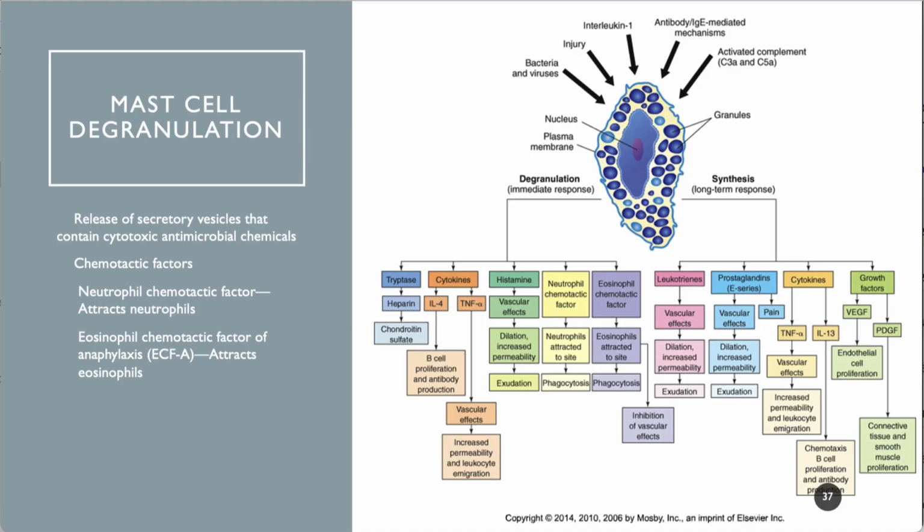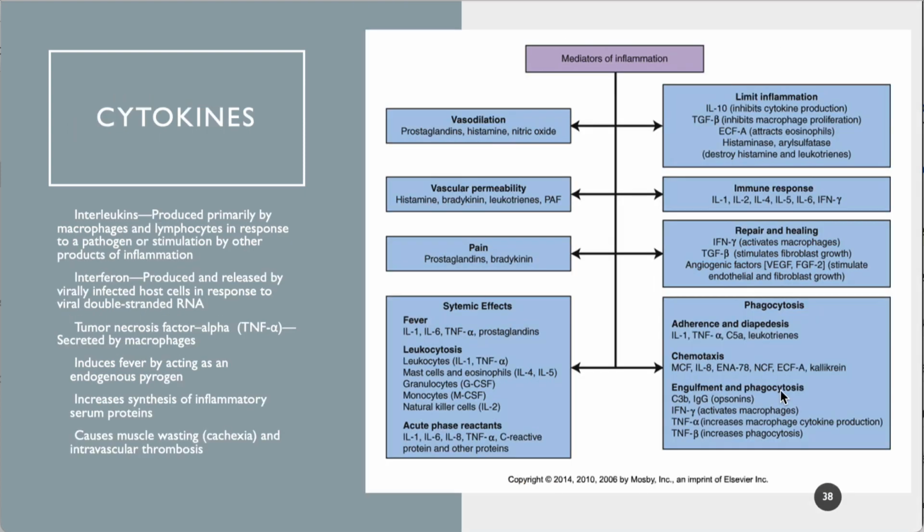So we talk about mast cell degranulation and all the benefits that it brings with it, including the chemotactic cytokines. IL-4, for instance, increases B cell proliferation and antibody production, right? Antibodies come from the B cells, which are stimulated by IL-4. That's just one example, but there's plenty more to look at here.